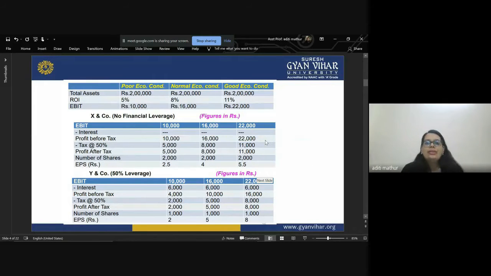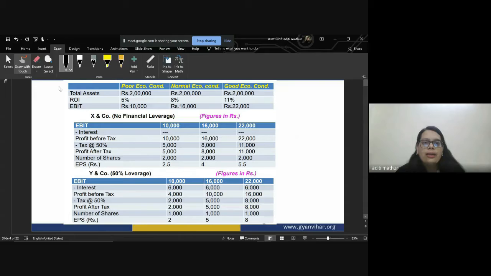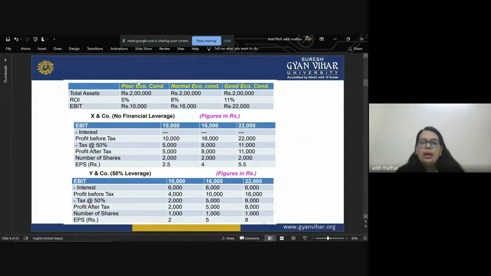Right? So now let's solve the question and understand how to calculate EBIT for these three companies, and at a different level. So first we should know how much that company is earning in all three different economic conditions. For that, we will prepare a table, and in that we will first write poor economic condition, normal economic condition, and then good economic condition, right?